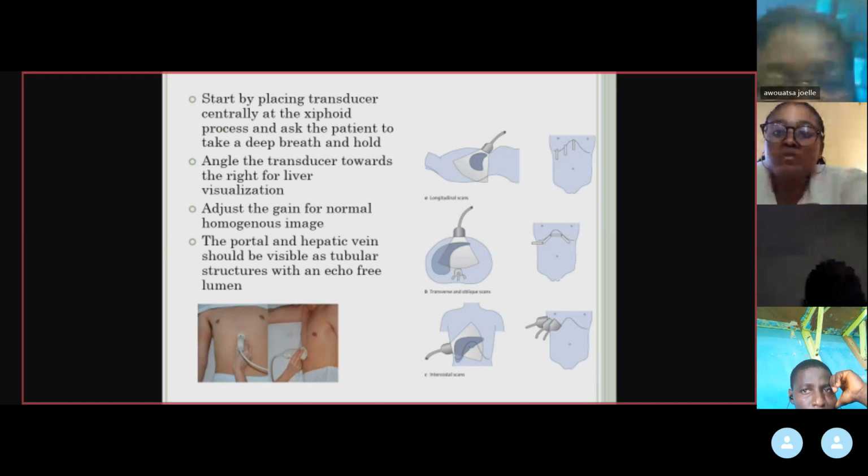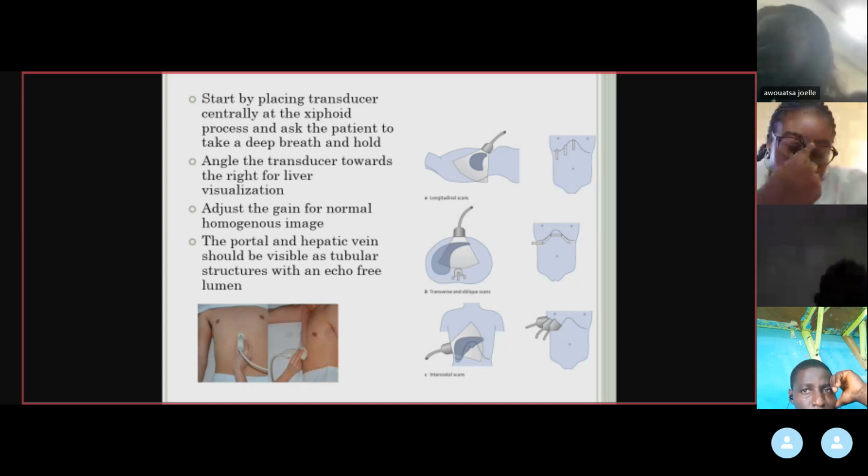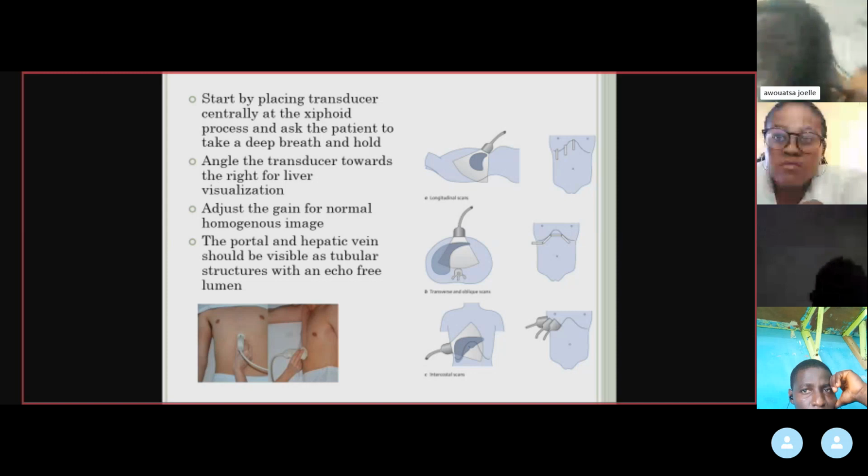Before starting the scan, we first have to know the human anatomy of that patient. Where is the xiphoid process and where the ribs start. We place the transducer centrally at the xiphoid process and tell the patient to take a deep breath and hold.